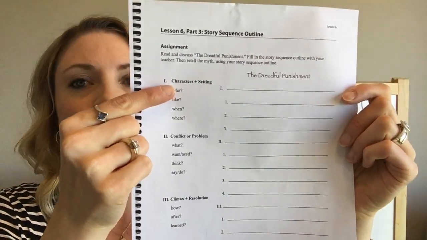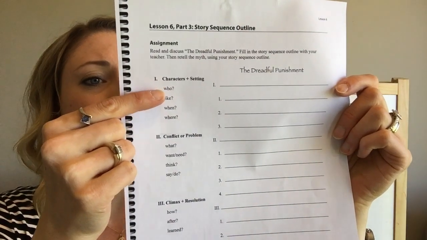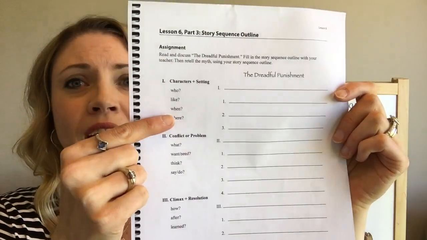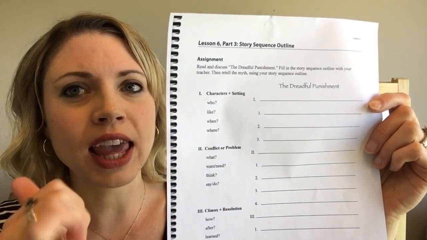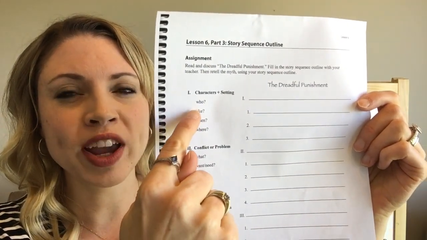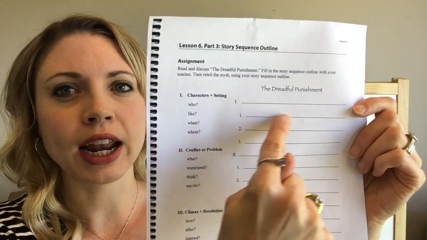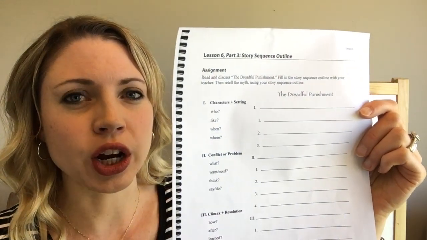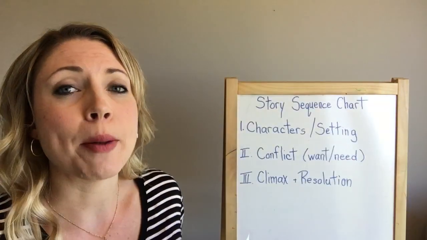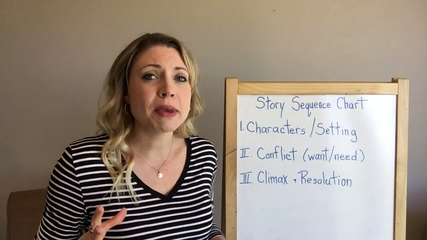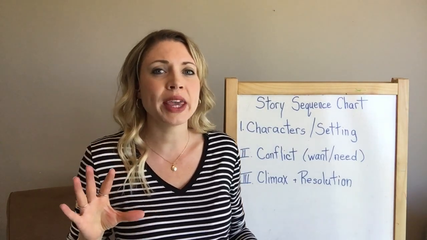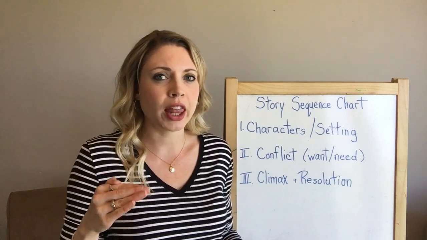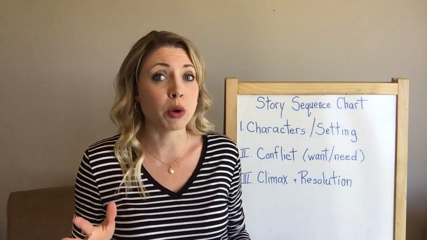But then there were these questions, who, when, where. And what we did that was wrong is we felt like we had to line the questions up with a line here and start filling out the chart that way. And that was a little paralyzing because in the story that we were doing, it didn't line up perfectly. And so then we were feeling frozen.